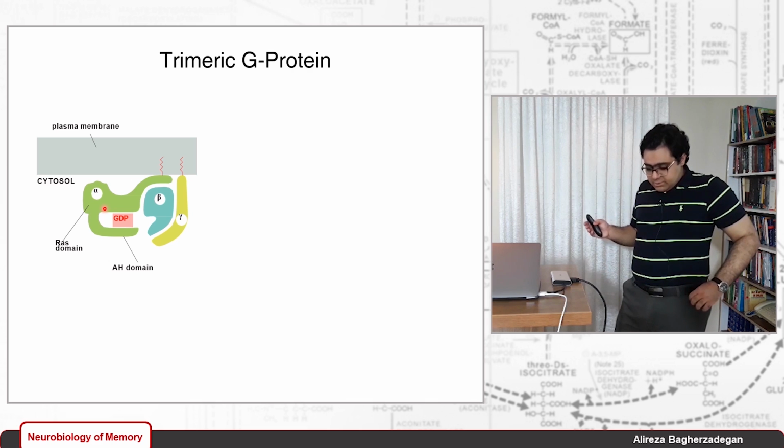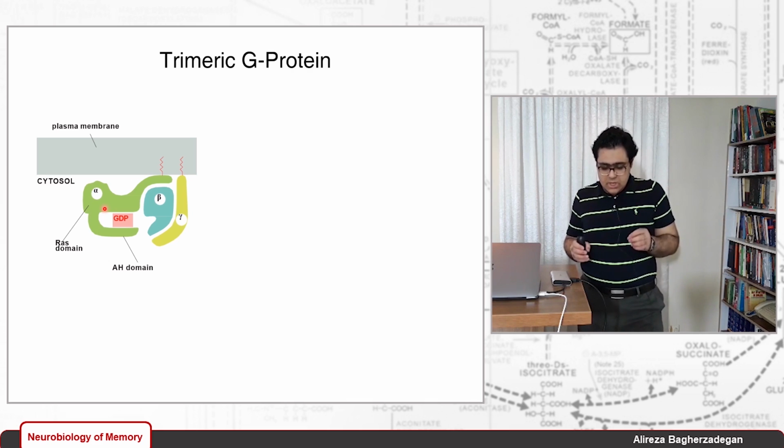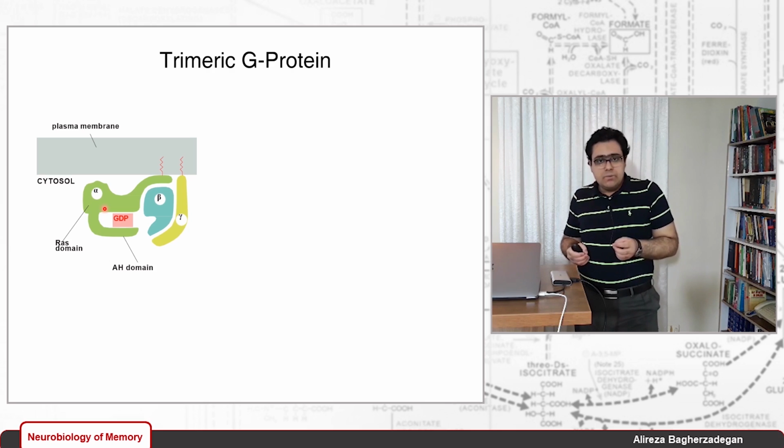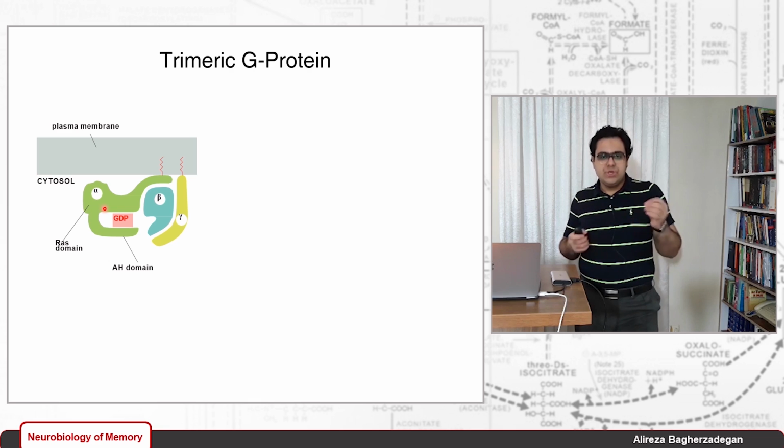We have different types, but there are 2 general types. We have stimulating G proteins, which stimulate effector proteins and make them active, and we have inhibitory G proteins, which inhibit the effector proteins.